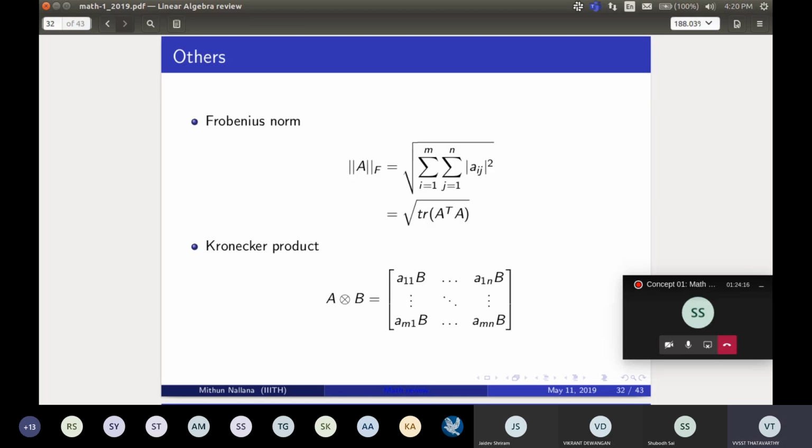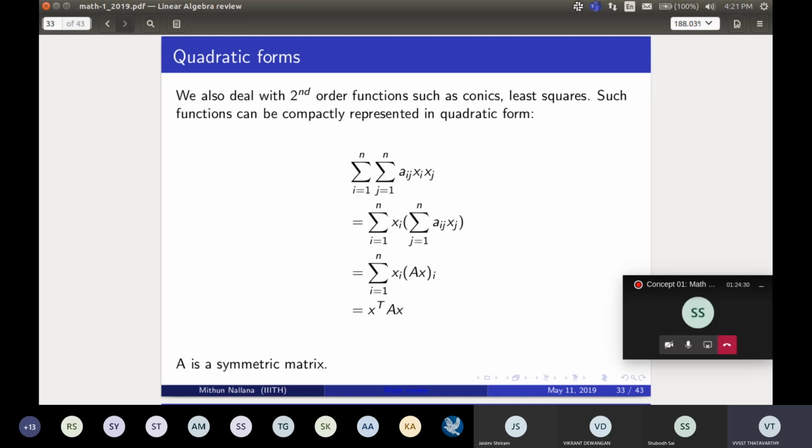Now till now we have represented a linear system of equations and all the vectors from the 2D coordinate system or any other coordinate system in a matrix representation, and we are seeing their properties. Now we can also represent quadratic functions. Say there is a polynomial in general, like x1 square plus x2 square plus x3 cube.